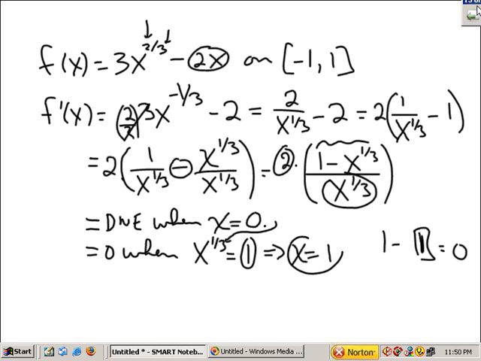Now 1 is in our interval, so that's an okay point. And for the record, 0 is in our interval. 0 is in between -1 and 1. So we need to find f of those two values, 0 and 1, and f of the endpoints.